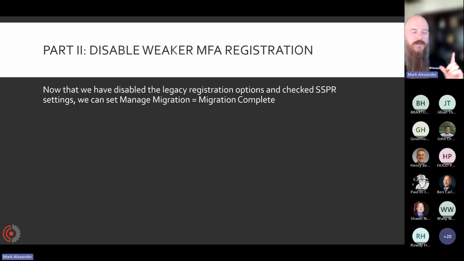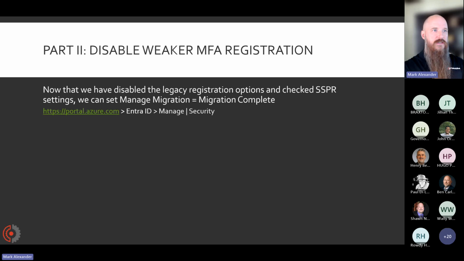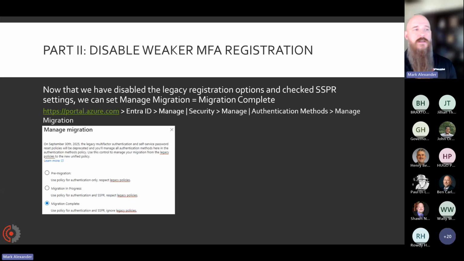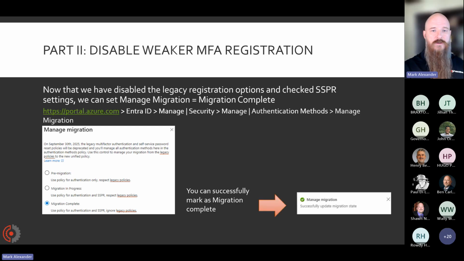So now that we've walked through where to disable the legacy registration options, as well as the SSPR settings, we can get back to that manage migration and mark it as complete, right? That's going to be in the authentication methods, and then click on that manage migration button. And once all of these things are turned off on the back end, nothing is in contention anymore, and you'll get a fancy green checkbox there.